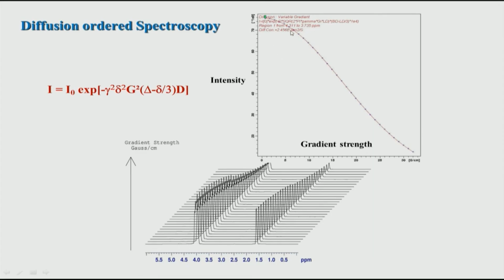Why is the signal decreasing? Because as you increase the strength of the gradient, two things. One is you can notice from this equation that if I increase G value, my I should decrease. This is simply coming from the mathematical equation here. But if you want to understand intuitively what is going on, when you increase the gradient, you dephase the signal a lot.